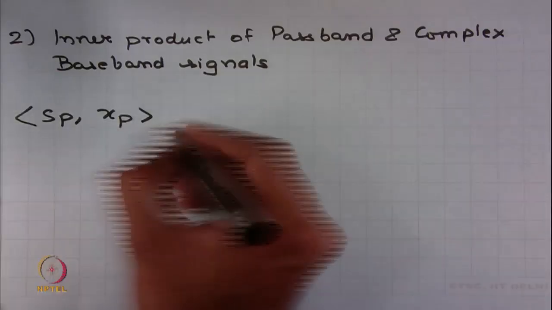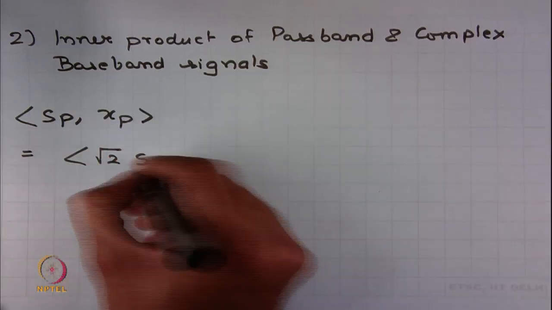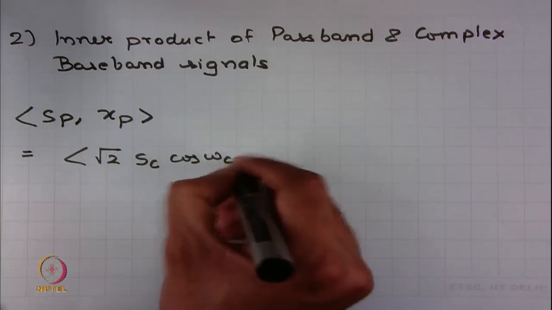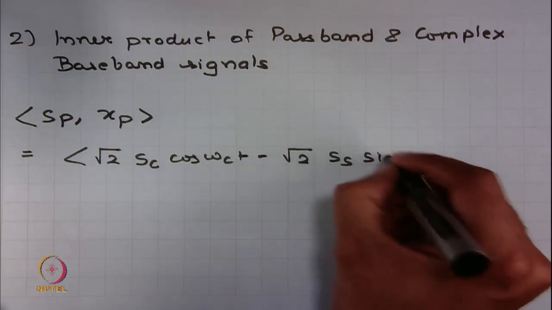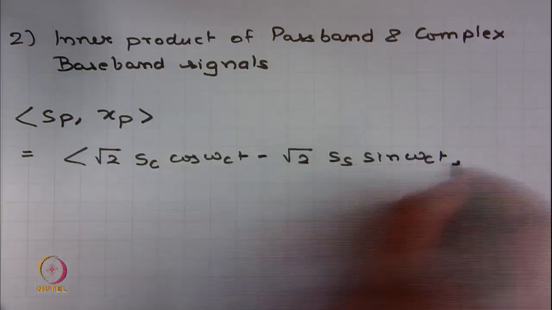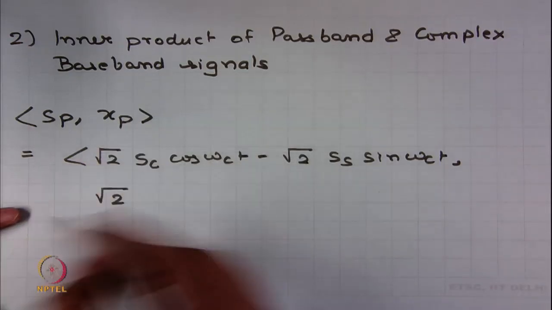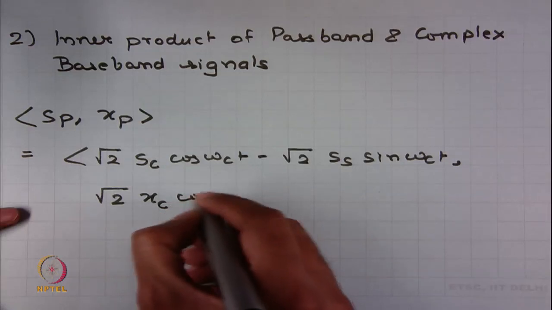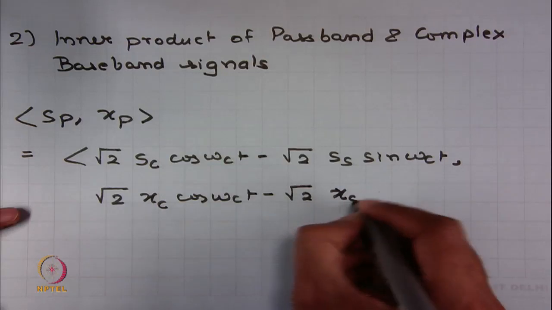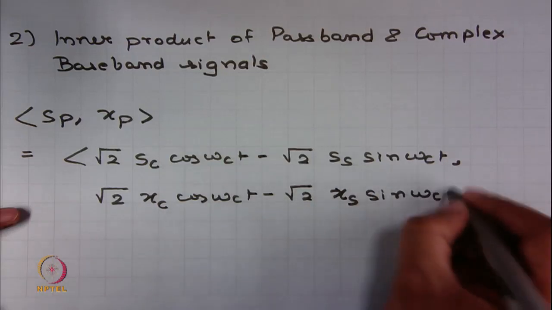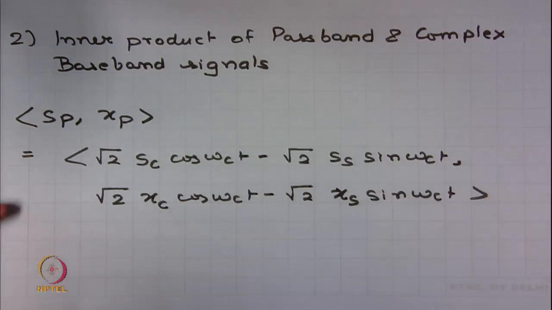So, this inner product if you see is, then I write it in full, that means I want to take the inner product of this quantity with the passband X_P. So, I have to take the inner product of this quantity with this quantity.